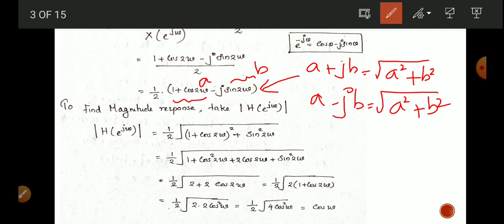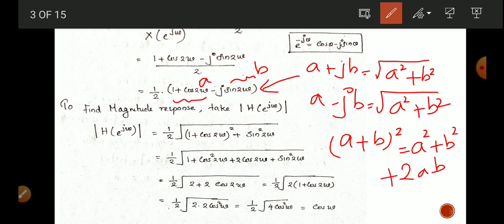Here 1 plus cos 2 omega is in the form of a plus b whole square. We know a plus b whole square equal to a square plus b square plus 2ab. On applying this, 1 plus cos 2 omega whole square becomes 1 square, that is 1, plus cos square 2 omega plus 2 cos 2 omega, plus sin square 2 omega.